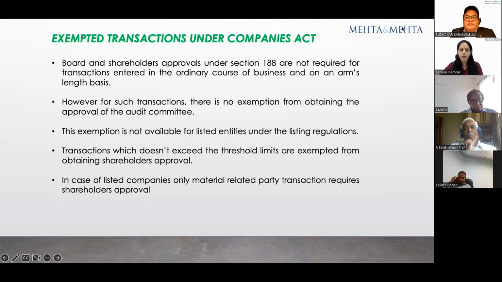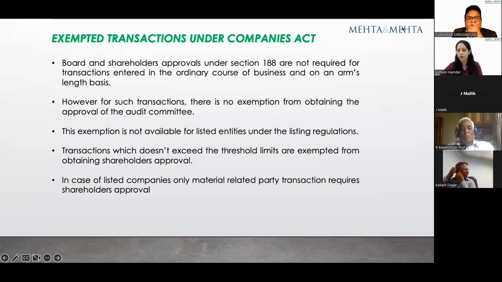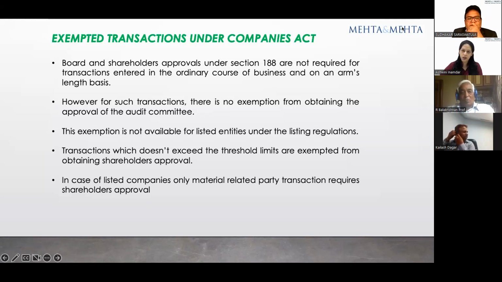So lastly, we'll see what are the exempted transactions under the Companies Act. Board and shareholders' approval under Section 188 is not required for transactions entered into in the ordinary course of business and on an arm's length basis. However, there is no exemption from obtaining the approval of the audit committee, because all related party transactions require approval of the audit committee. We have discussed this earlier.